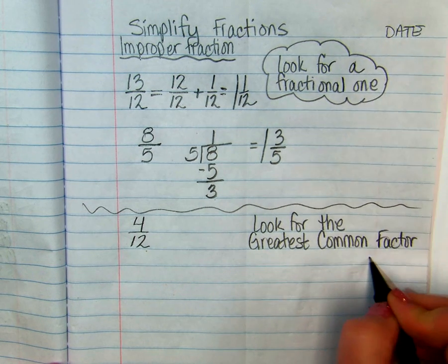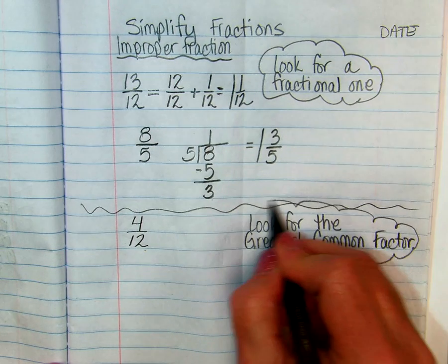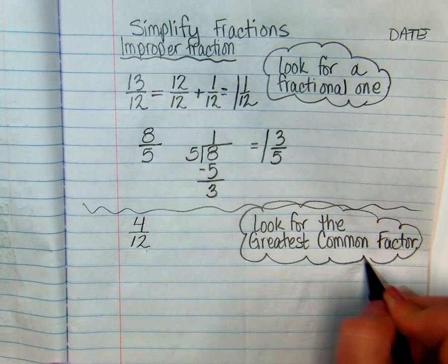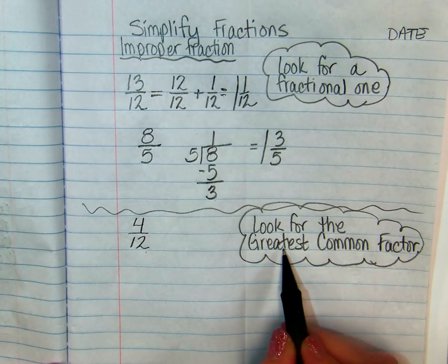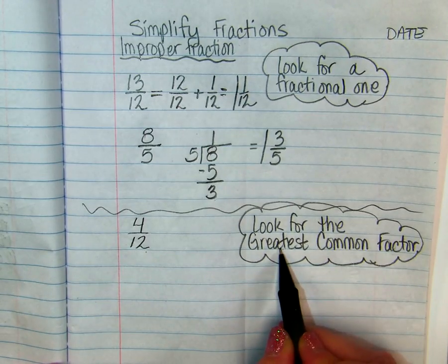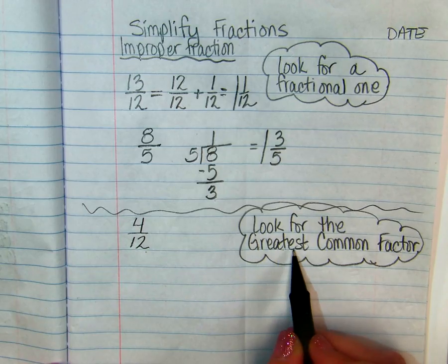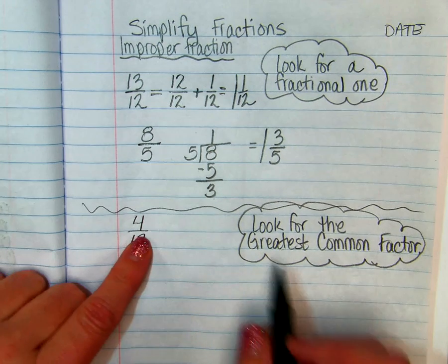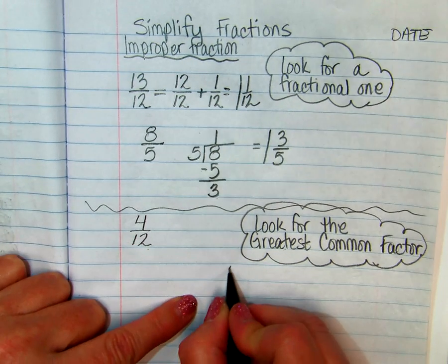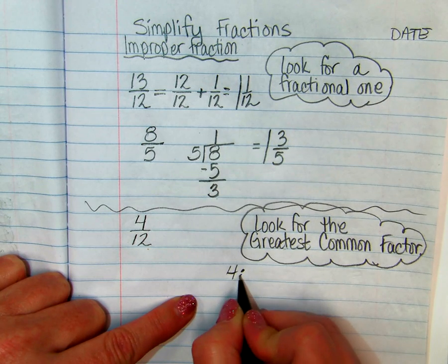The numerator and the denominator share a factor. And we're looking for the greatest, or the largest, factor that they both share. So right now, what we need to do is list the factors of 4. I'm going to put a 4 here and a colon.